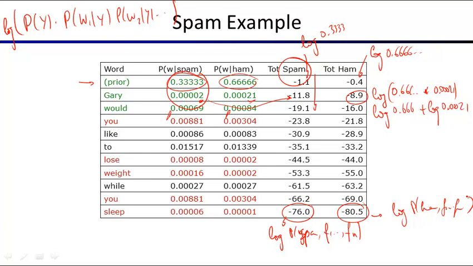Then you renormalize, and you get back out the conditional probability of spam versus ham. So in this case, for example, the conditional of spam given f1 through the last feature is equal to e to the minus 76 divided by e to the minus 76 plus e to the minus 80.5. That will give you the probability of spam, which in this case probably would be really close to 1.